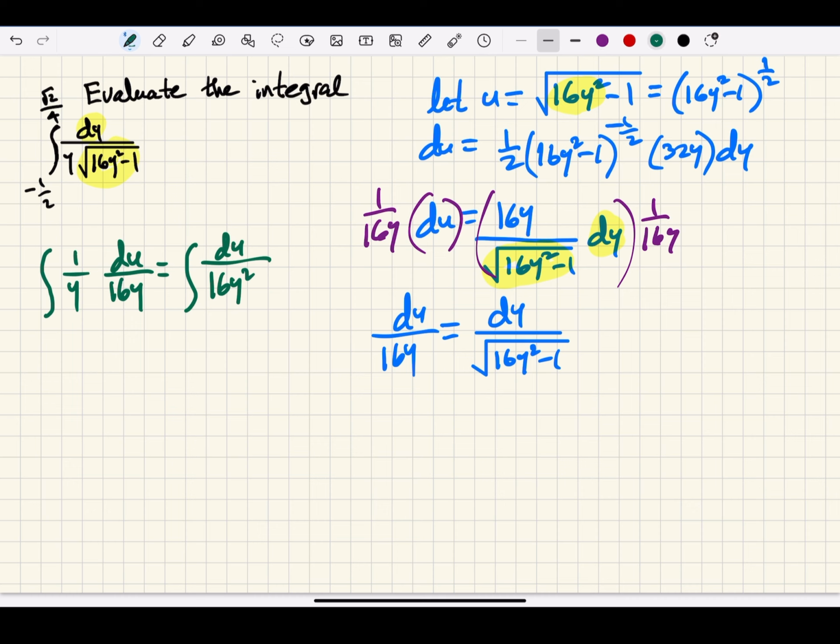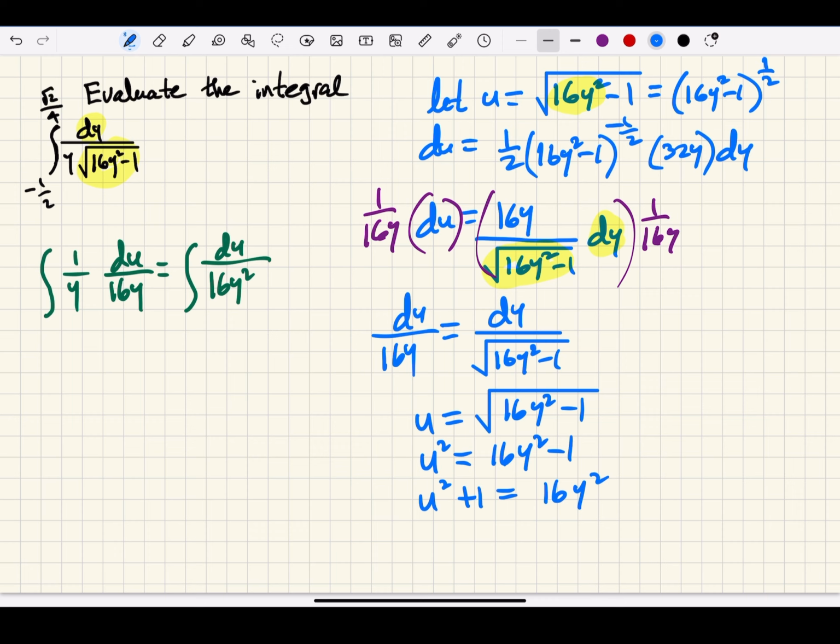So originally, we had u equal to the square root of 16y squared minus 1. So if I were to square both sides, I would have u squared equal to 16y squared minus 1. Then if I add 1 to both sides, I have u squared plus 1 equal to 16y squared.